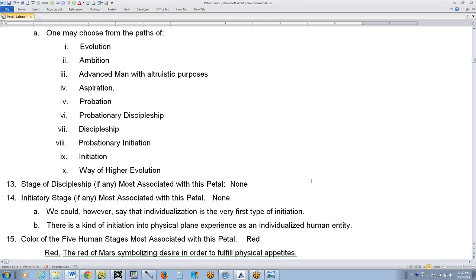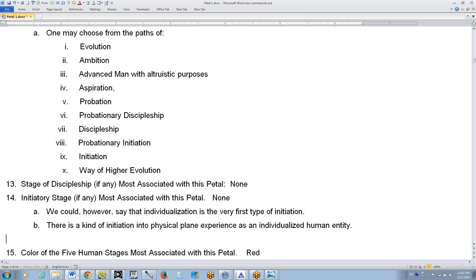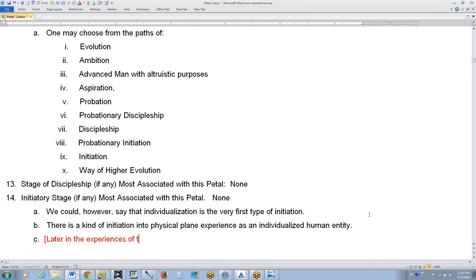So this is a kind of initiation into physical plane experience as an individualized human entity, and later, oh, you know what? I only wish what I've begun to see here is that, well, let's put it that way. So it's later in the experiences associated with this petal.